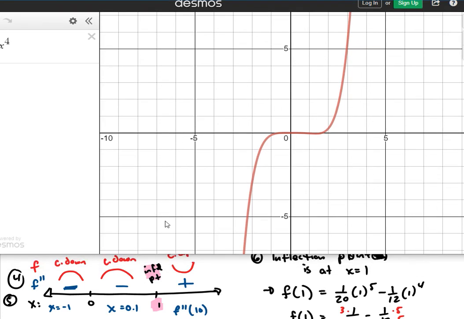Okay, so there's both of them. Notice it's concave down and concave down. And we can see here's concave down. So something weird's happening at 0, but there's no inflection point. It's most likely just perfectly horizontal for that split second moment. So that's why nothing's really happening.